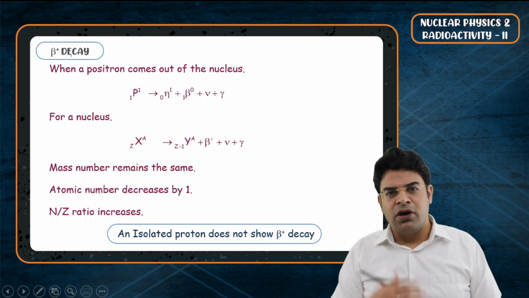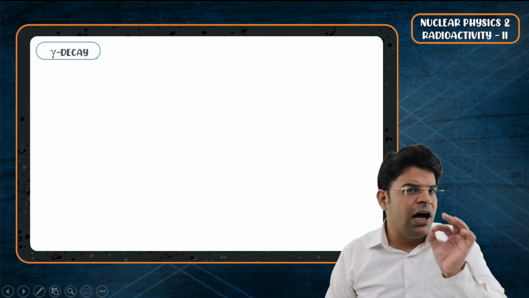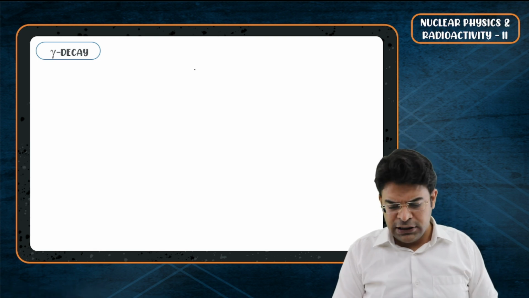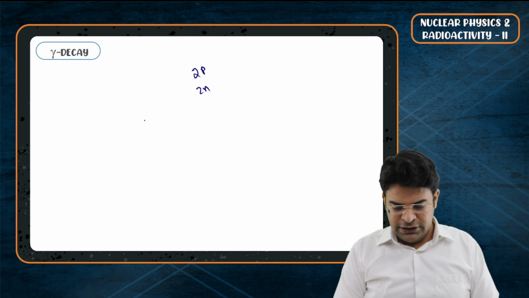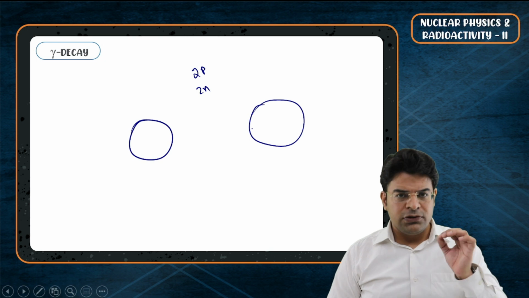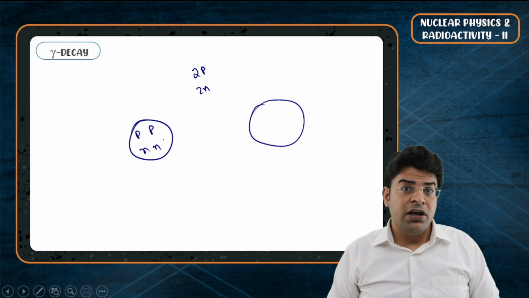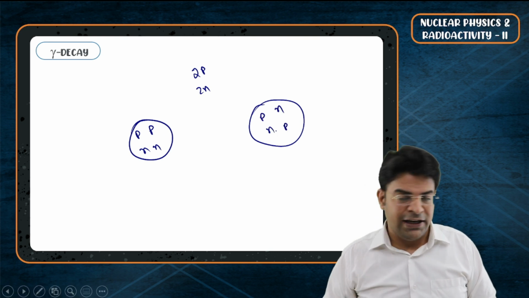So now let's talk about the next decay, that is gamma decay. Let me ask you a simple question. Think of the helium nucleus. Helium nucleus has got 2 protons and 2 neutrons. And think of 2 cases, case 1, case 2. Case 1, 2 protons and 2 neutrons are arranged like this. Case 2, 2 protons and 2 neutrons are arranged like this.